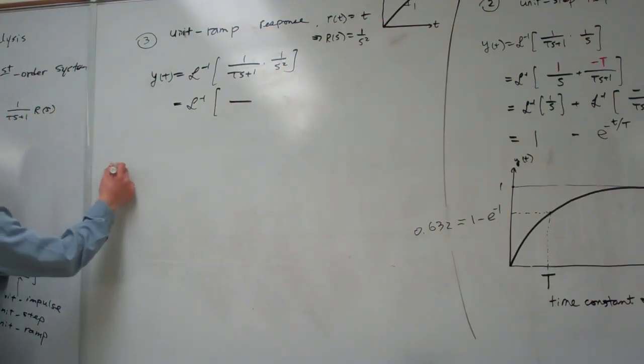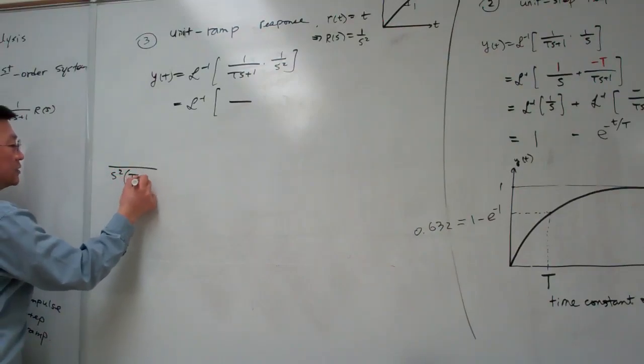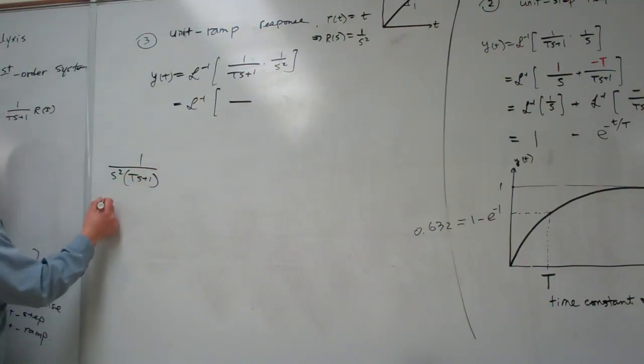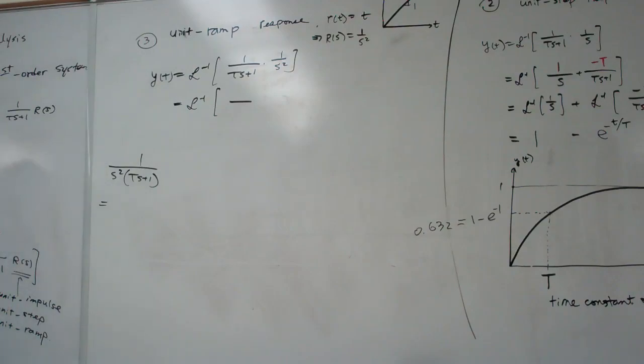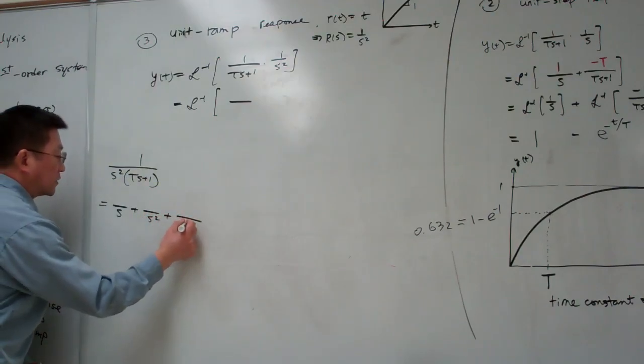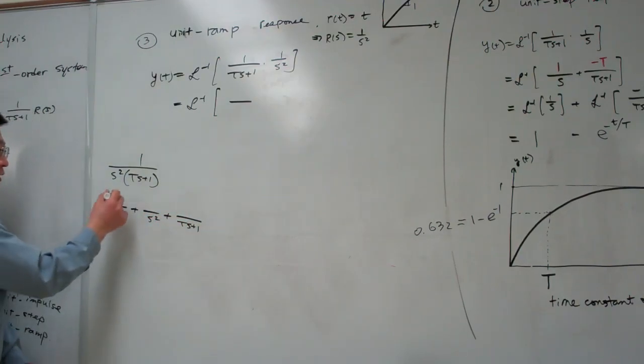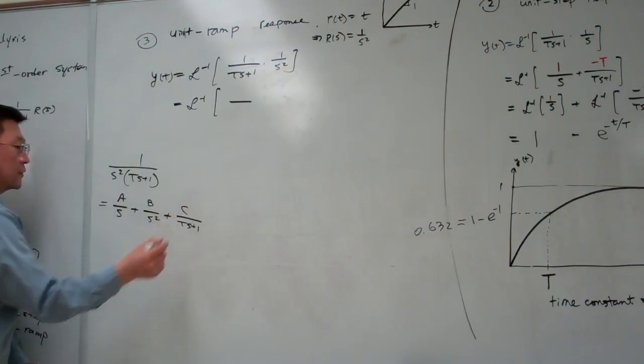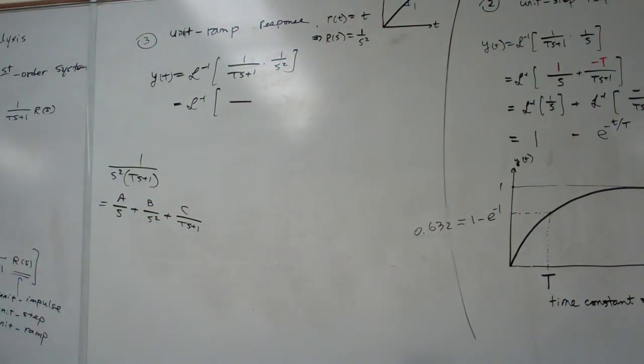You can see there is a term s squared times (Ts plus 1), so you have to factorize it. You have to complete the factorization: A, B, C, finding the coefficients A, B, C appropriately.